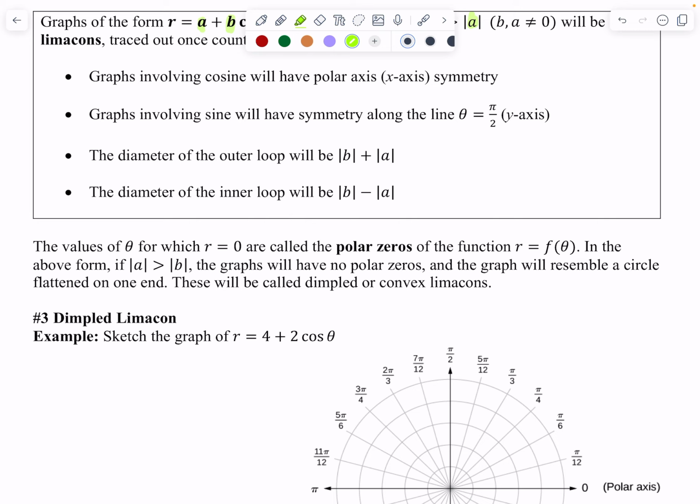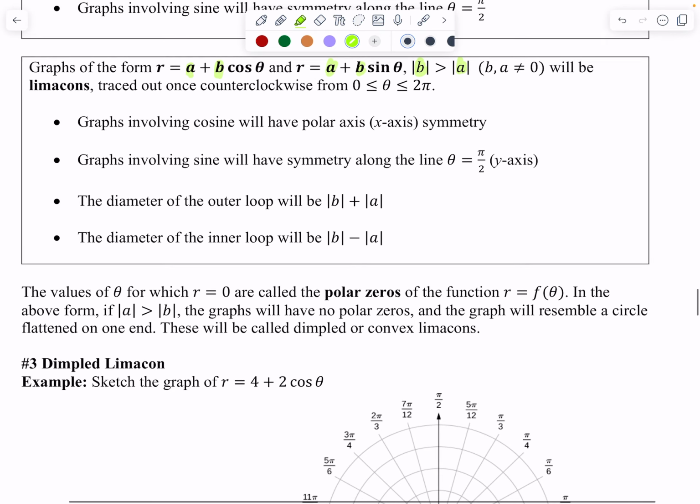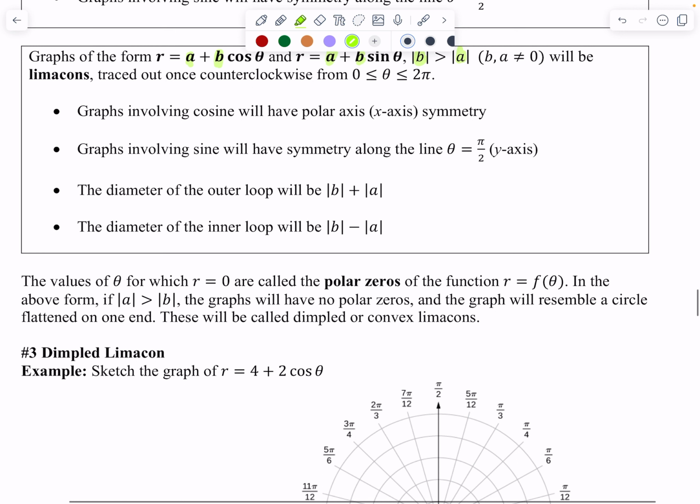So in the above form, when the absolute value of A is greater than the absolute value of B, that means that if we're thinking about the sine or cosine equation, the vertical shift is greater in magnitude than the amplitude. So in that case, those graphs would have no x-intercepts. They would be either completely above the x-axis or completely below the x-axis in the xy plane.